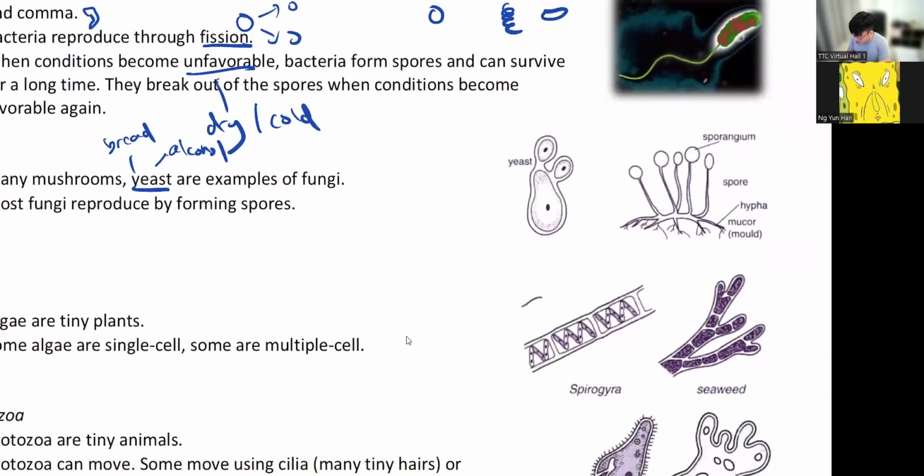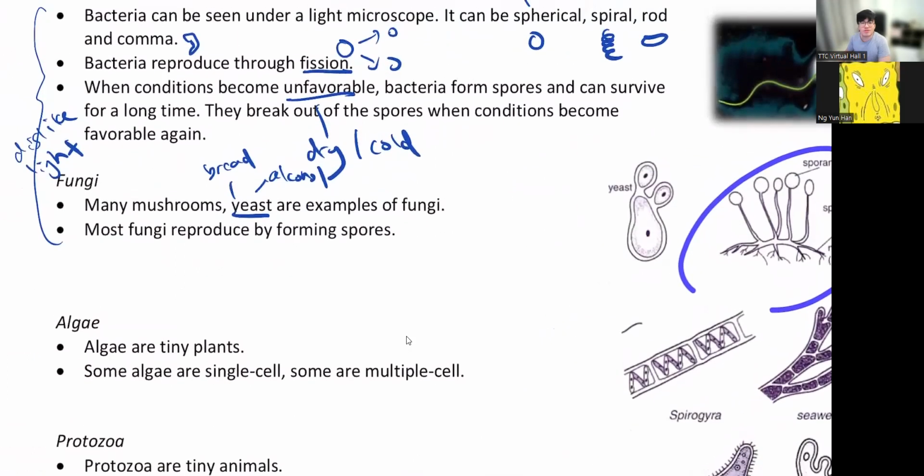You know what bread mold is? When you buy bread and you don't eat it for 2 weeks, when you take it out, why does it have white spots on it? That's the fungi. Mushroom is the same thing. They really hate light. So if your room has a lot of bacteria which makes you sick, you just need some sunlight in your room, it will kill all of them.